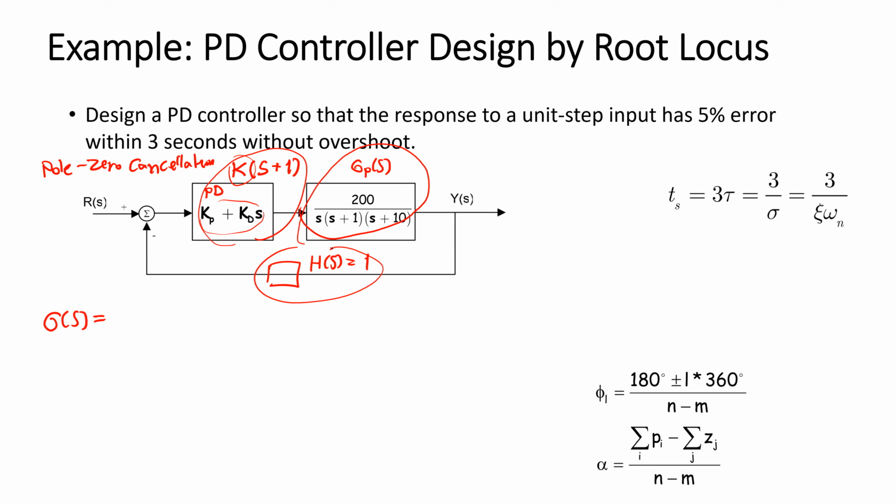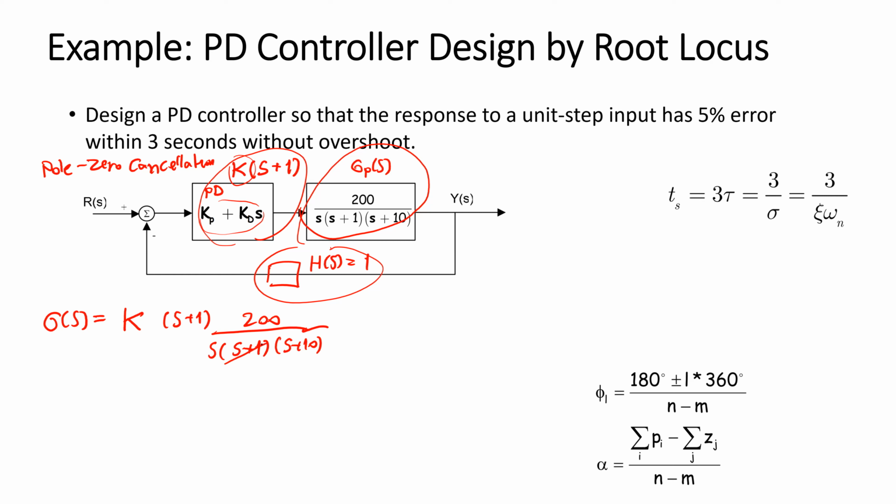The open loop transfer function is going to be K multiplied by s plus 1 multiplied by 200 divided by s plus 1, s plus 10.